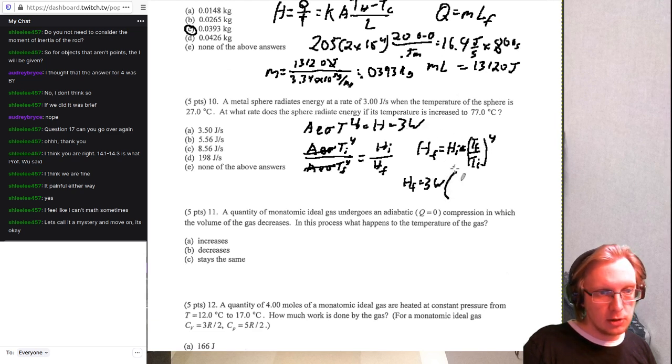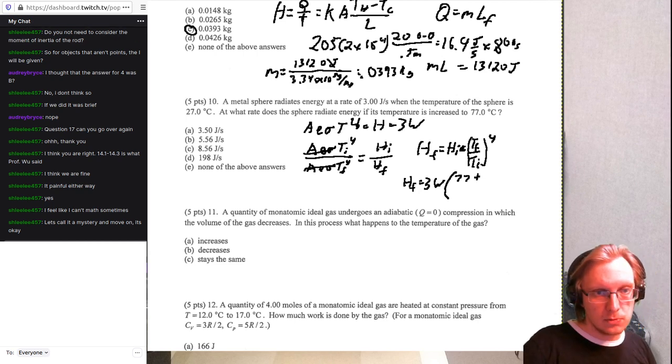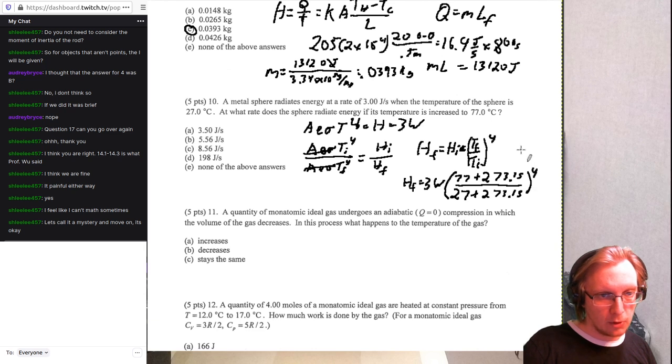times TF, which is 77 plus 273.15, divided by initial 27 plus 273.15, to the 4th.